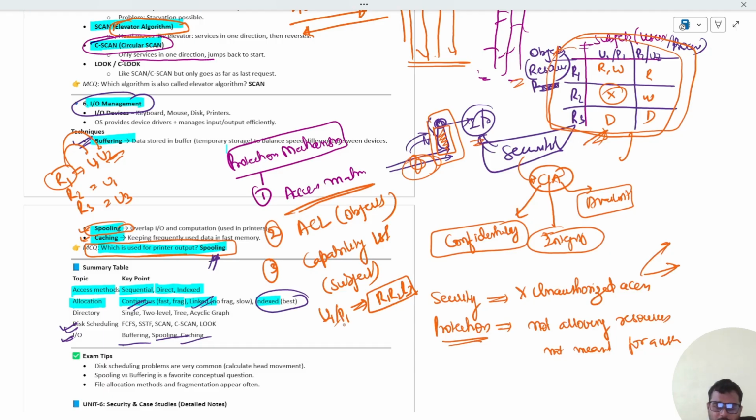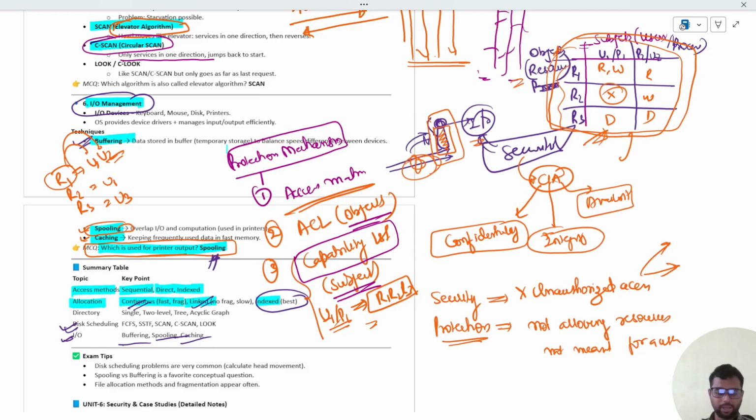So each process or user has the list of objects, and objects, as I already told, are resources. So it is the list of objects it can access. Capability list simply means what are the capabilities of the users, what resources can they use. So it is a subject-based list and ACL is an object-based list.